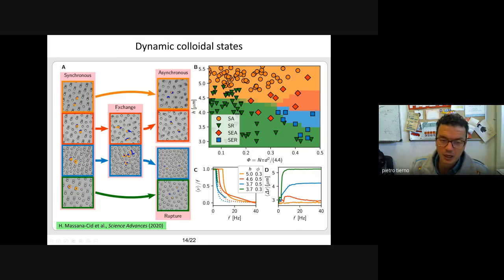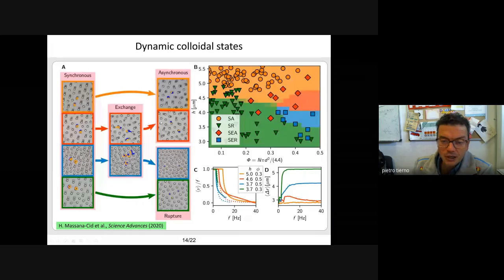And we find out four different types of dynamical paths. So either the dimers can stay stable, and when we increase H, that represents the thickness of the confining cell, and phi represents the packing fraction of our system. So the four pathways are the transition from synchronous to asynchronous, so dimers remain dimers, but they just slow down their dynamics.